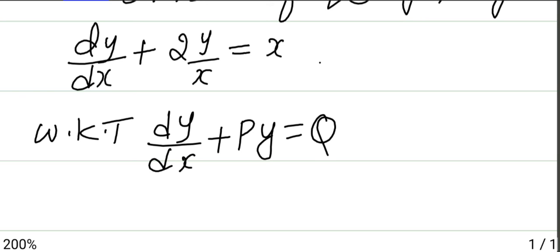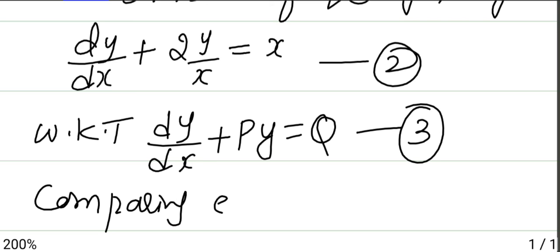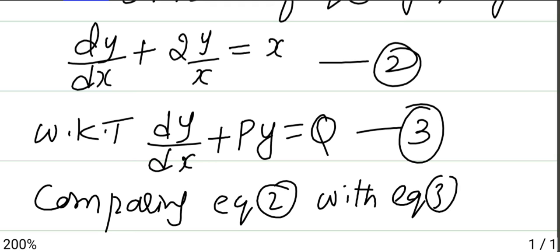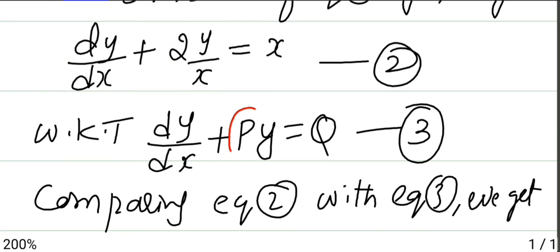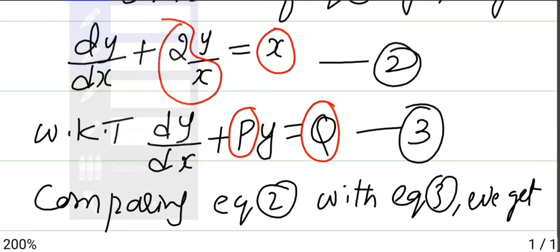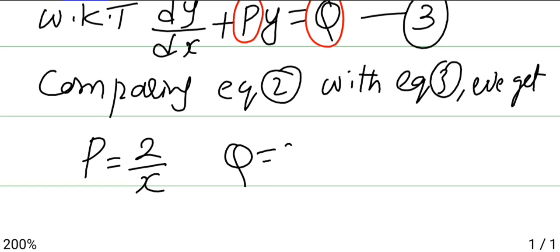Now compare this equation 2, call this 2 and this 3. Comparing equation 2 with equation 3, you can see here, in place of p, I have 2 by x. In place of q I have x. So here p becomes 2 by x and q becomes x.